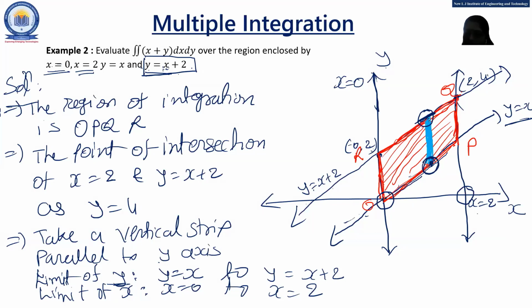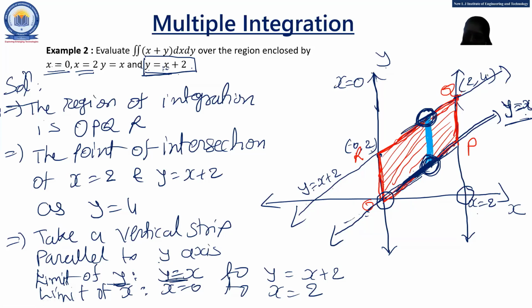The vertical strip's starting point is on this line, which indicates y equal to x, right? That's why my starting limit is y equal to x, because every time the starting limit is the bottom and the upper limit is on the upper part, right?